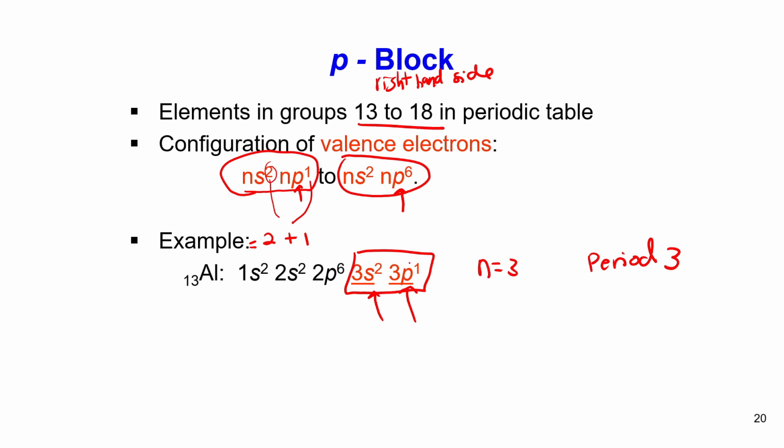So the largest orbital refers to p, so this is in p block. From the valence electronic configuration, we can also determine the group number. 2 from the s orbital plus 1 from the p orbital plus 10 because it is in p block, so this element is in group 13.